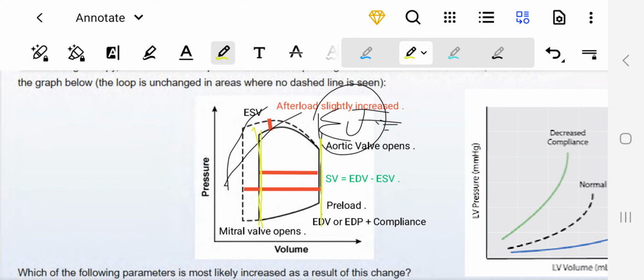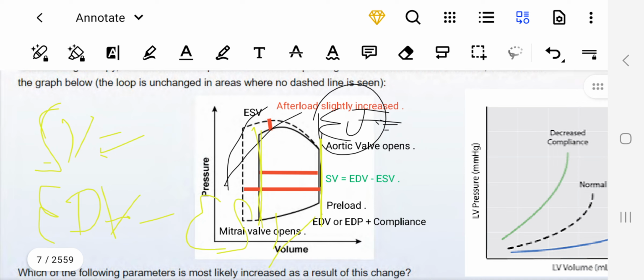We have noted that the stroke volume is equal to end diastolic volume minus end systolic volume.